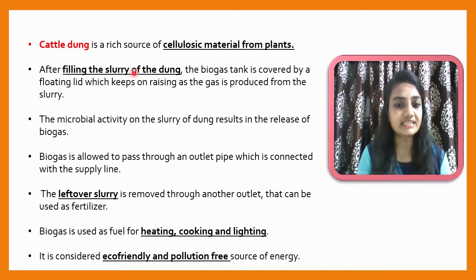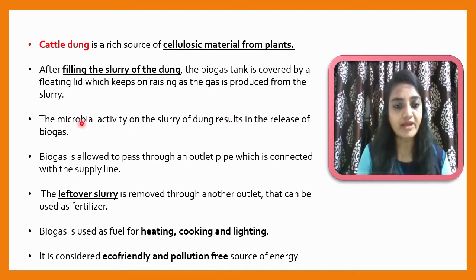After filling the slurry of dung, that is a mixture of water and dung together, the biogas tank is covered by a floating grid, which will keep on rising as the gas is produced from the slurry. The microbial activity on the slurry of dung results in the release of biogas.